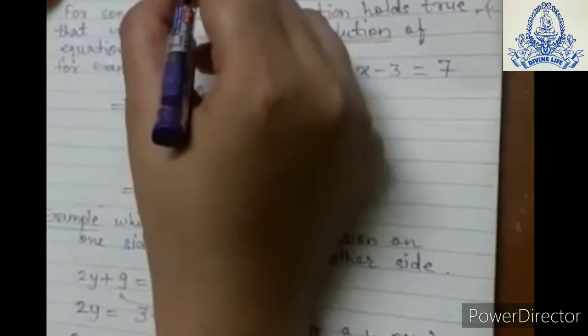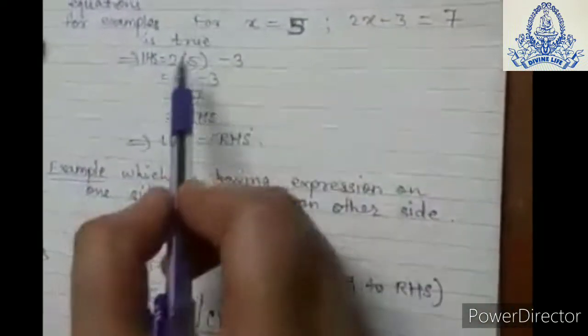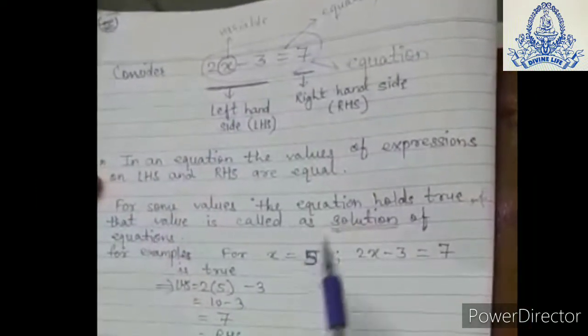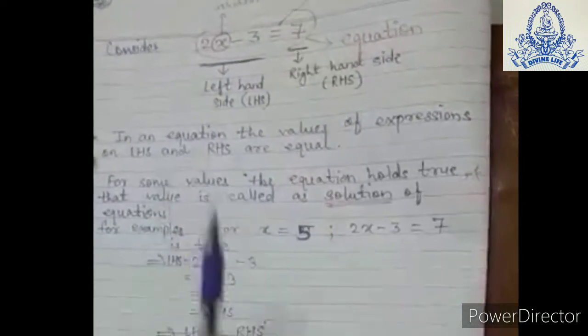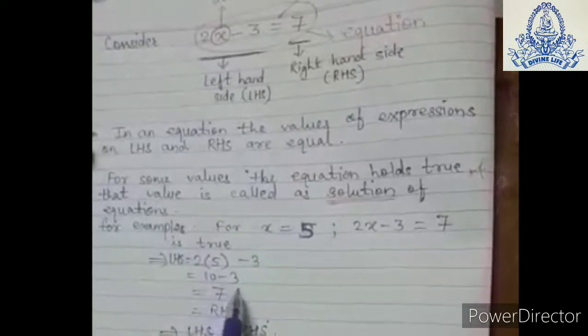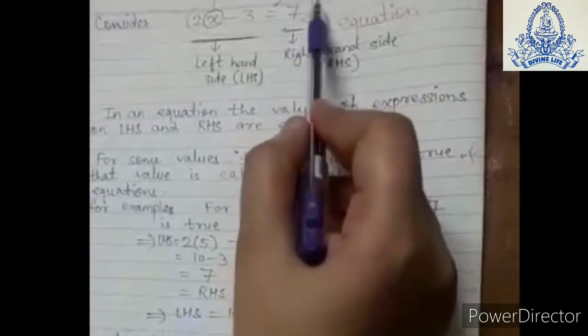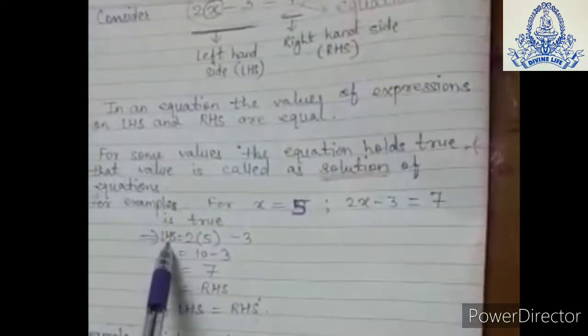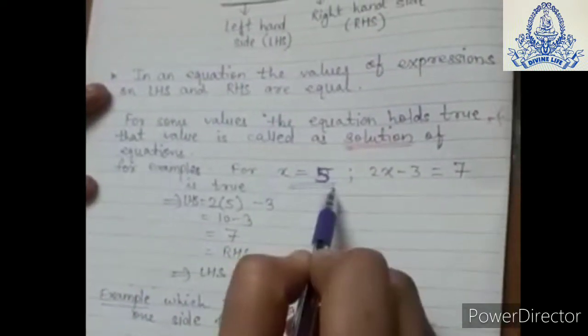LHS is 2x minus 3; putting 5 in place of x, we get 2 into 5 minus 3, that is 10 minus 3, which is equal to 7. That is nothing but our right hand side. Here LHS is equal to RHS, so we say that x is equal to 5 is the solution of this equation.